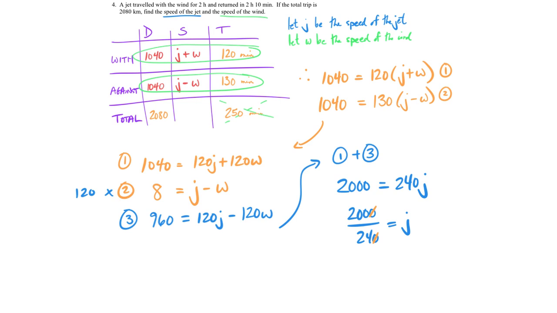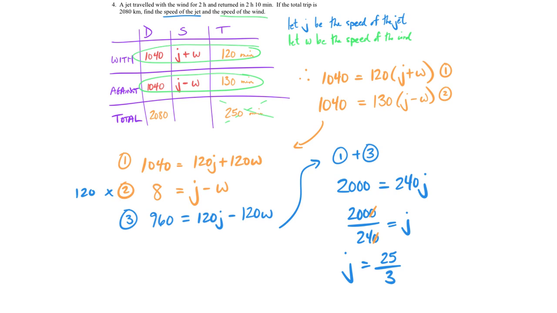Do you take your 200 and divide it by 8? If we do that, we can reduce our J right down to 25 over 3. And now we just need to be very, very focused on what units we're going to put on that speed of the jet.